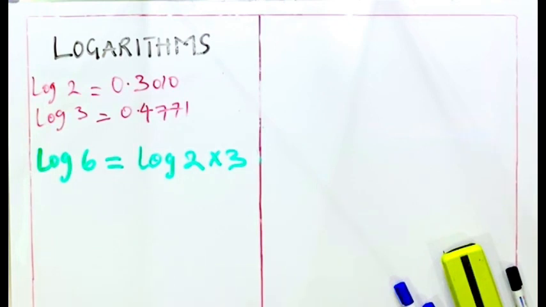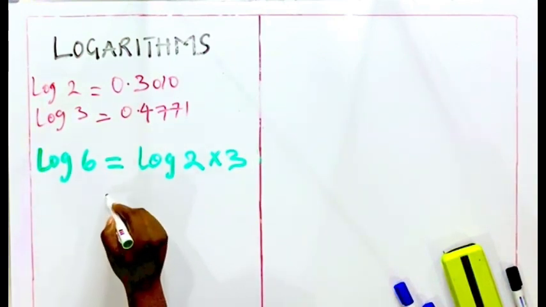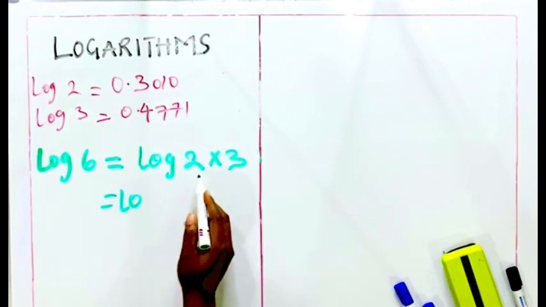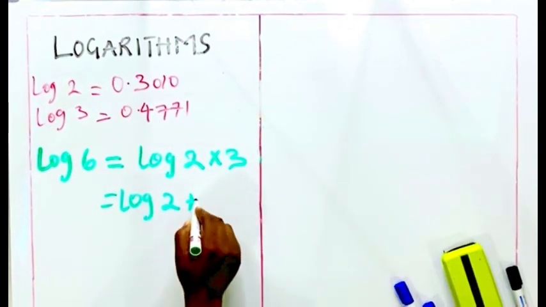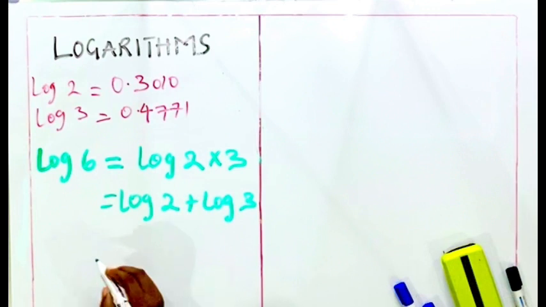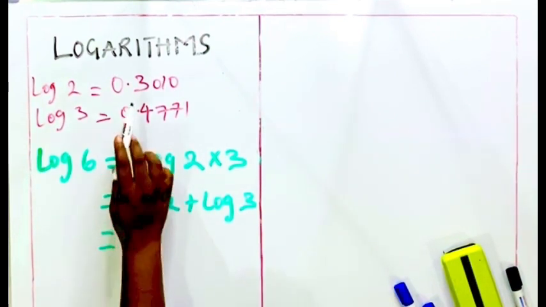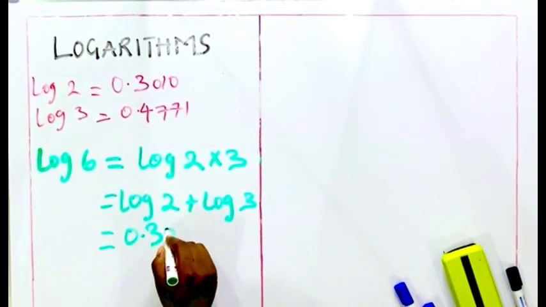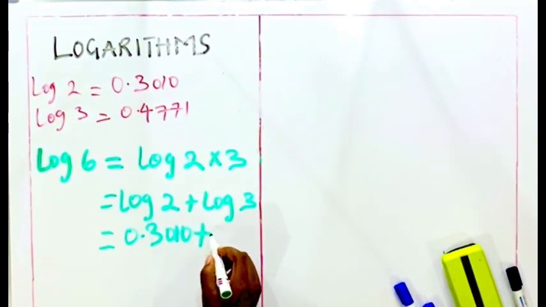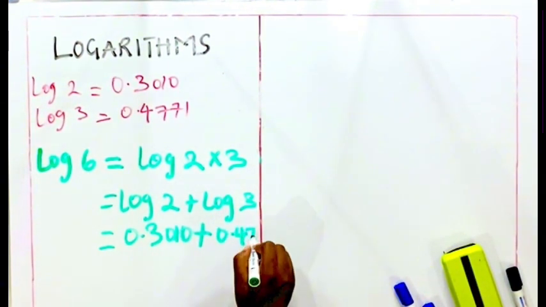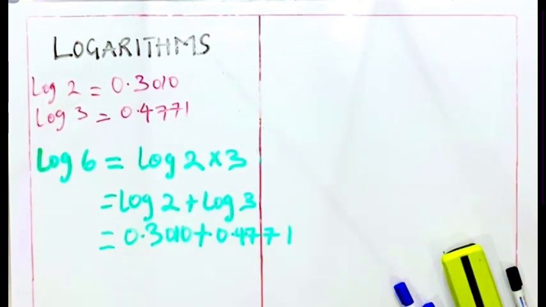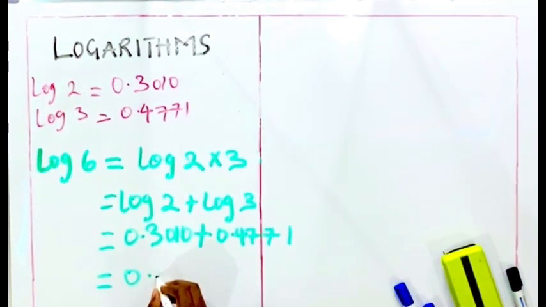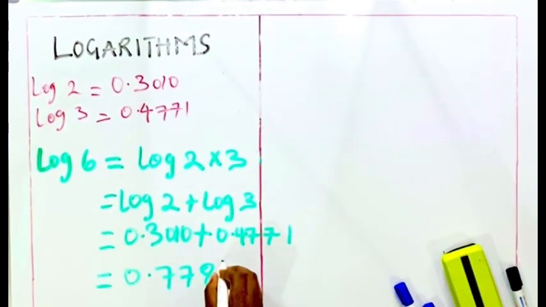According to the laws of logarithm, where you have a multiplication sign, log 2 times 3 is the same as log 2 plus log 3. Log 2 is 0.3010 and log 3 is 0.4771. When you add these up together, your answer is 0.7781.